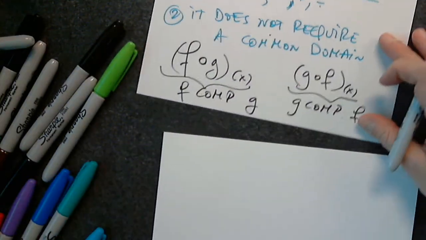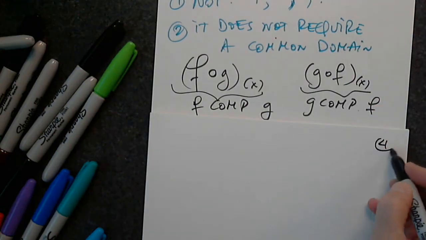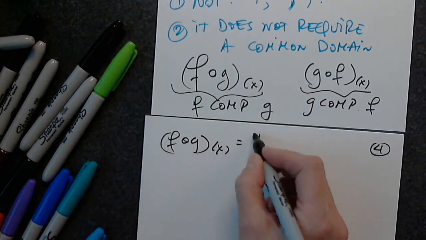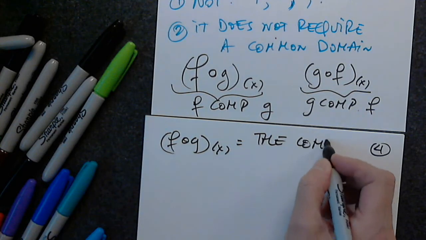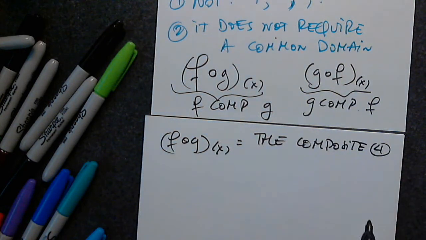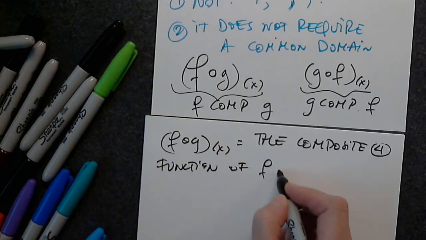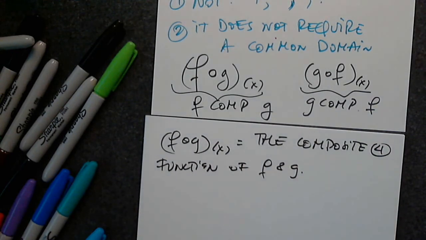So that's in short, abbreviated. So this is F comp G of X, the composite function of F and G. The other one is the composite function of G and F. In short, F comp G or G comp F.